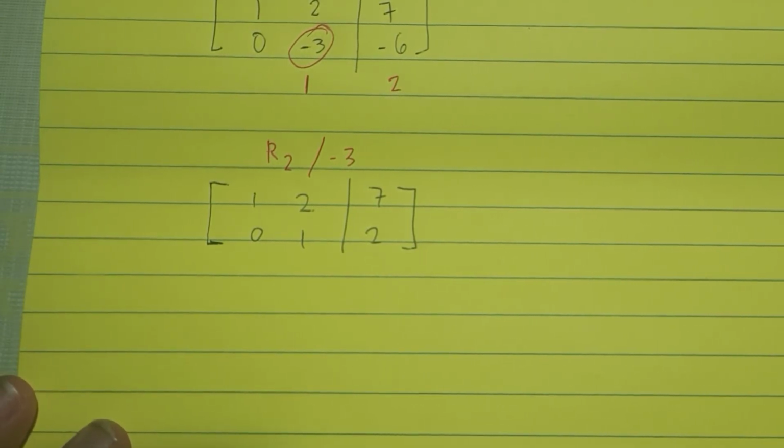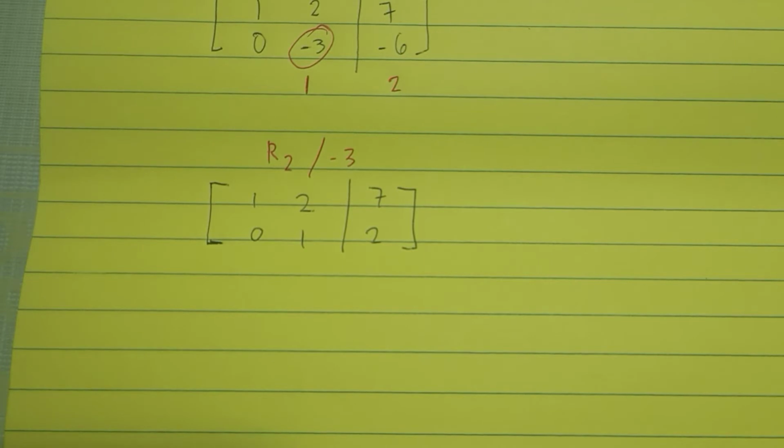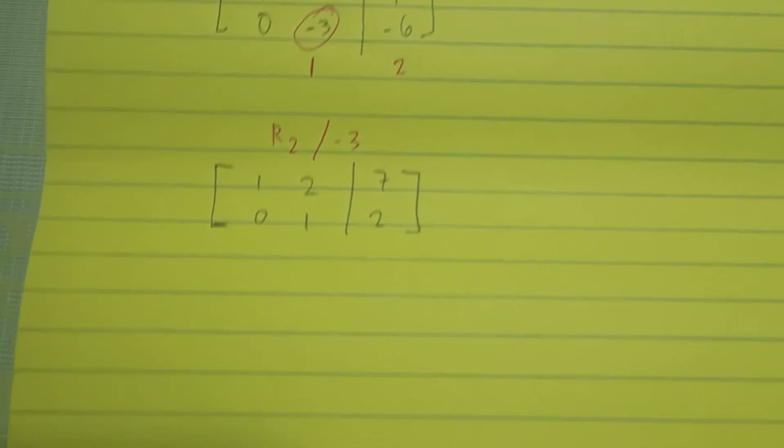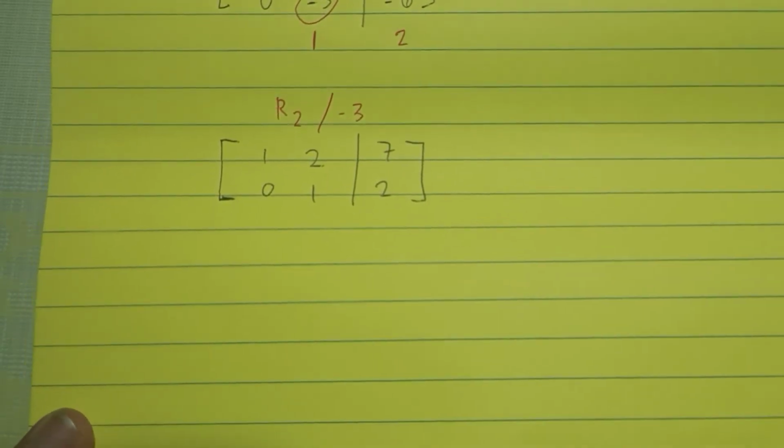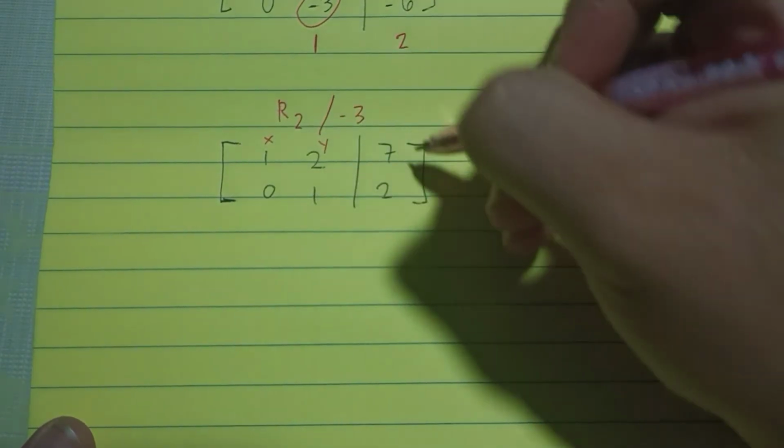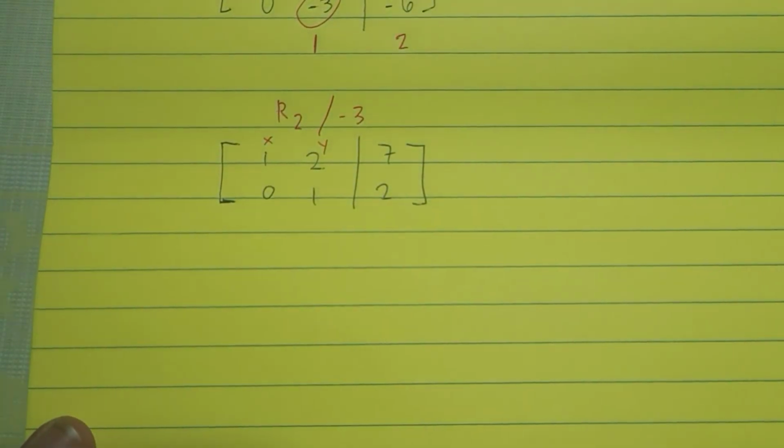And our next step is to convert it back to a system of linear equations. For that, don't forget that this is the coefficient of x, this is the coefficient of y, and this is the constant.